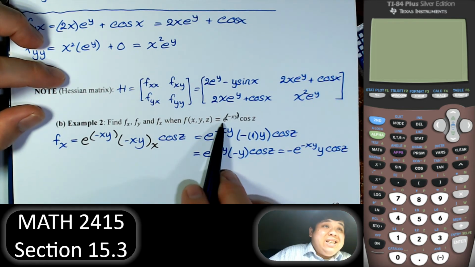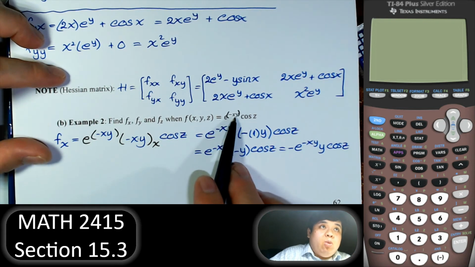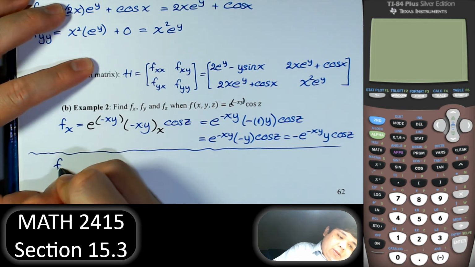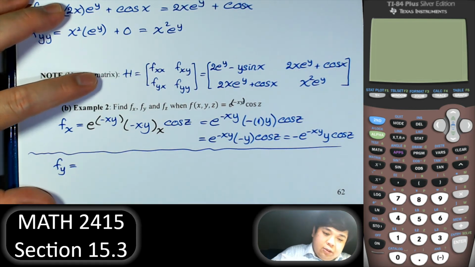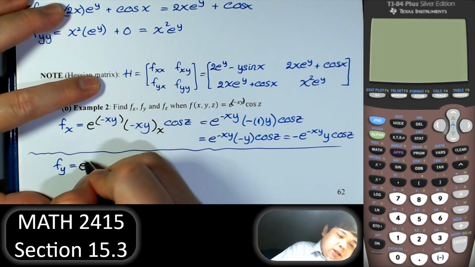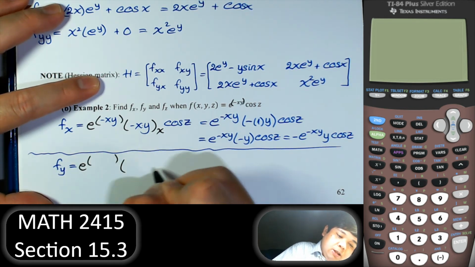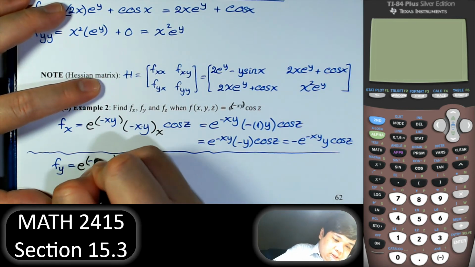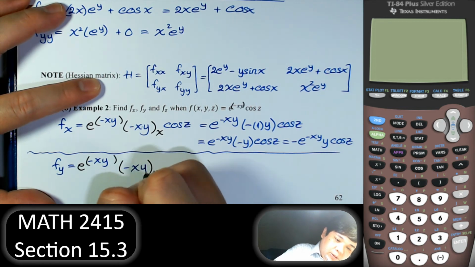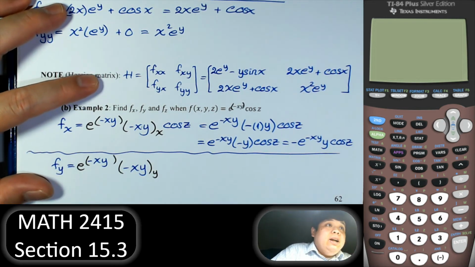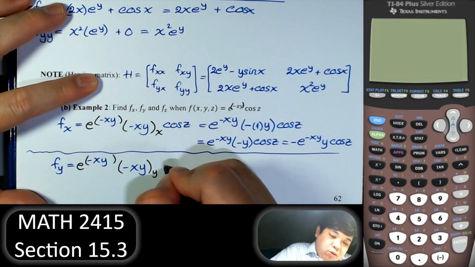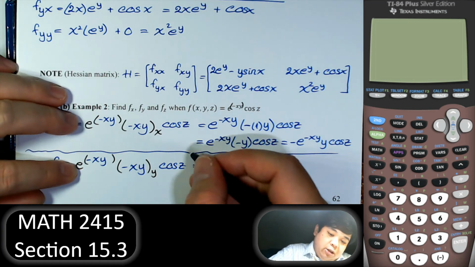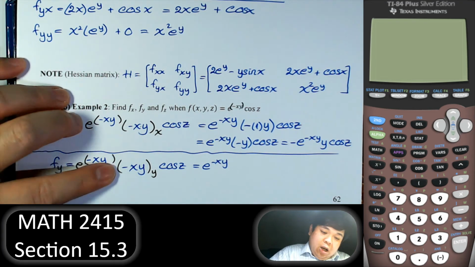With respect to y will be similar because we have one function of y here. But we do that for y. So e to negative xy, derivative with respect to y. And then cosine z, constant multiplier, will stay. So still e to negative xy.